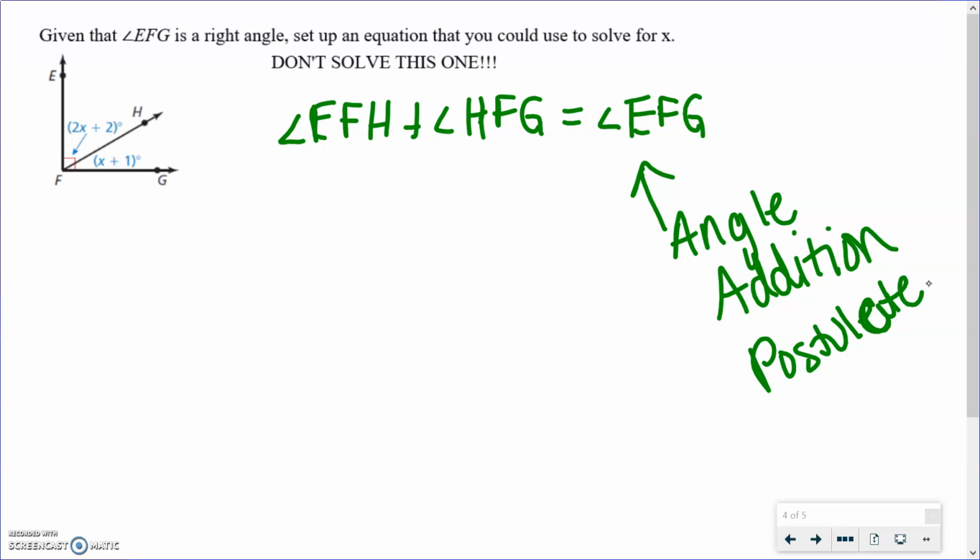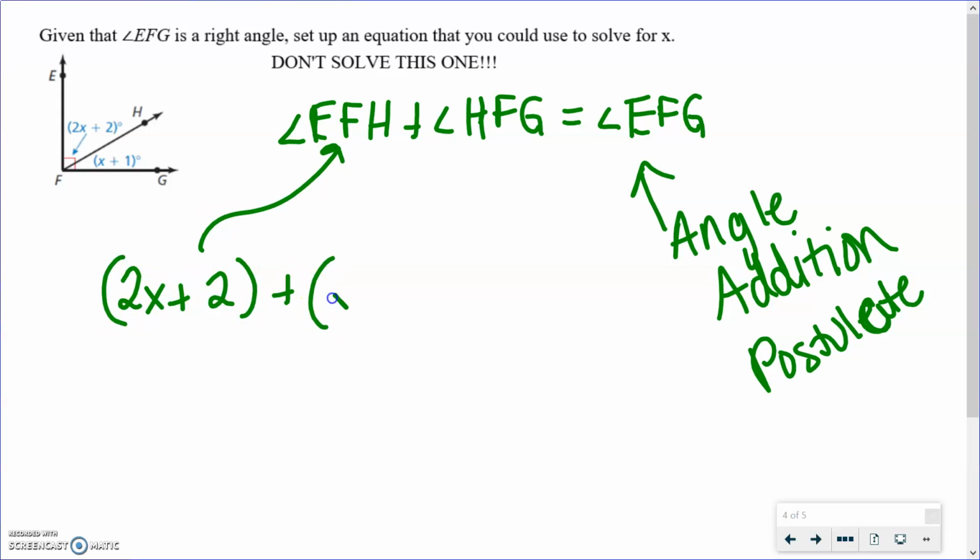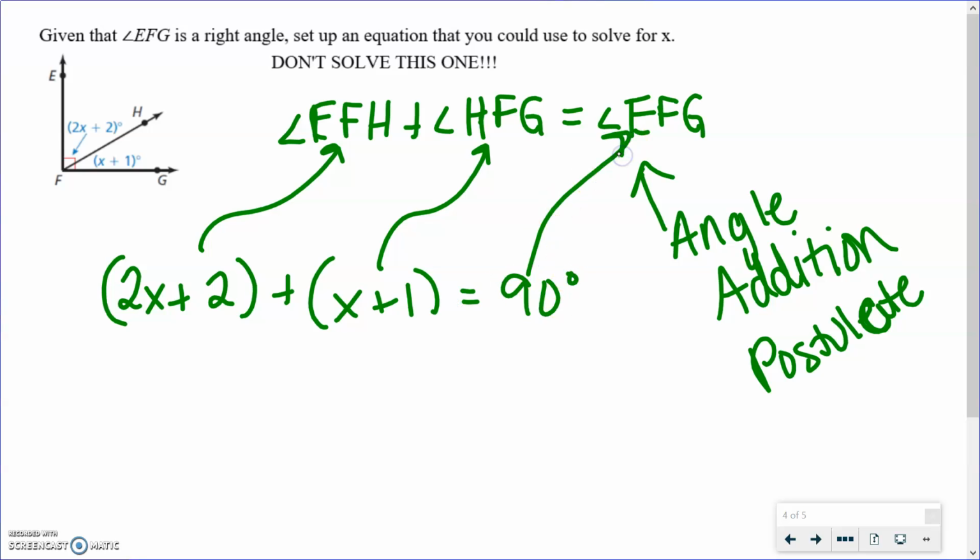So again, pretty straightforward. So we're going to do 2x plus 2, and that's this part. And then we're going to add x plus 1, which is this part. And then we know that this is a right angle, so it equals 90 degrees, because we're told it's a right angle and it's marked.